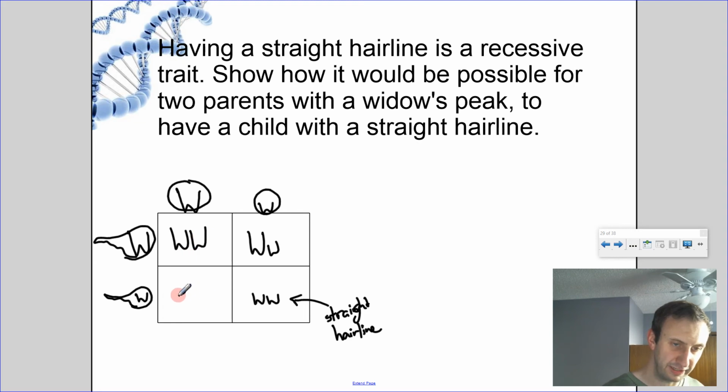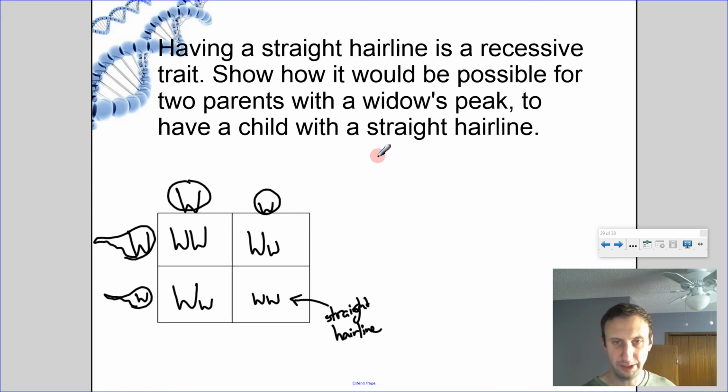Right there. This kid would be widow's peak. This kid is homozygous dominant. And this kid would have a widow's peak. So what do we have? Well, for genotypes, we have one capital W, capital W, two capital W, lowercase w, my bad, and one lowercase w, lowercase w.